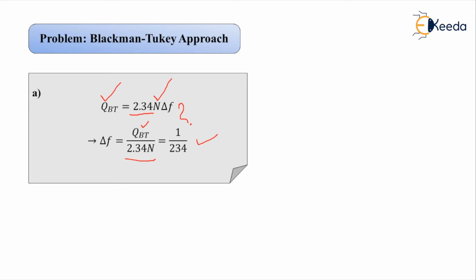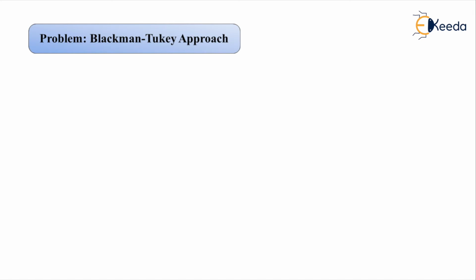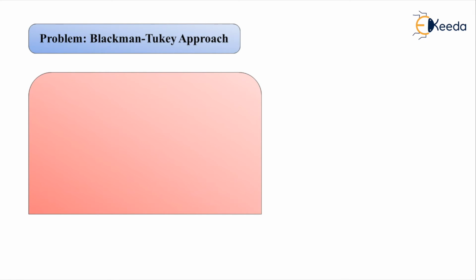Now after determining the answer for part A, we get back to part B in the problem statement. It has been asked to determine the record length, denoted by capital M, for the Blackman-Tukey method. For this, we require the relation between the quality factor, the record length and the number of data points.